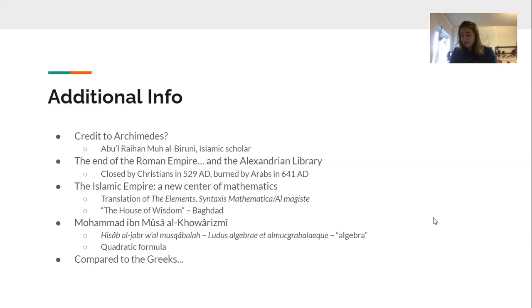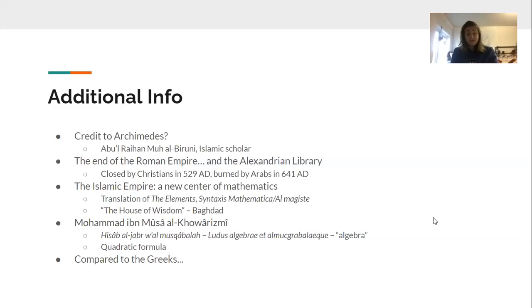Another fun fact is the House of Wisdom was like the Alexandrian library, but for the Islamic Empire, in Baghdad. It was a place where all of the scholars met together and talked about philosophical and mathematical concepts. So it was a replacement of Plato's Academy or the Alexandrian library.